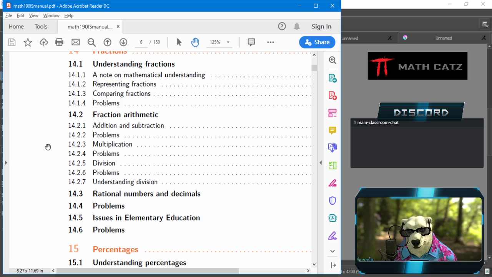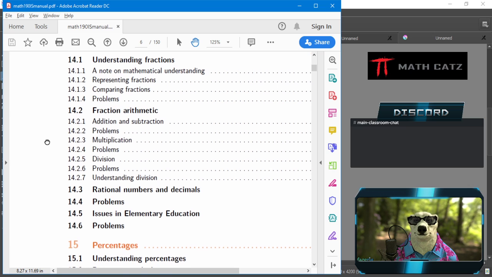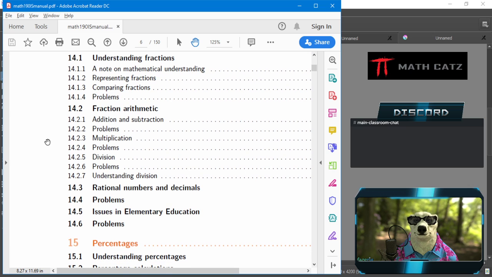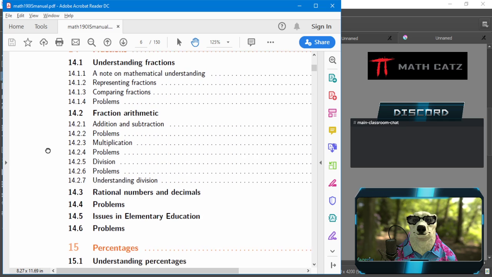So too do we want to have a way to find the answer to a fraction arithmetic question. How do we do that? And then there's some extra bits on what's a rational number. Can we handle decimals? Can we round decimals? Just some comfort level. That's going to be it for chapter 14.